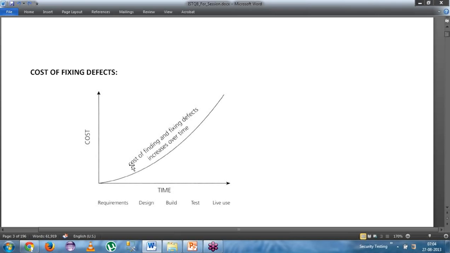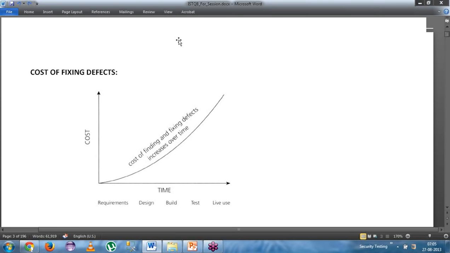So your cost is going to increase exponentially. Let me put it in rough figures. If the cost of fixing a defect in requirements is $10, in design it would be multiplied by 10, then 100, 1,000, 10,000, and 100,000 for live use. So it increases exponentially. Fine.